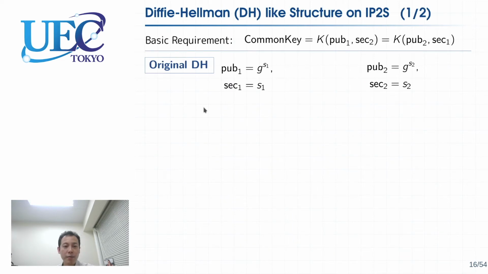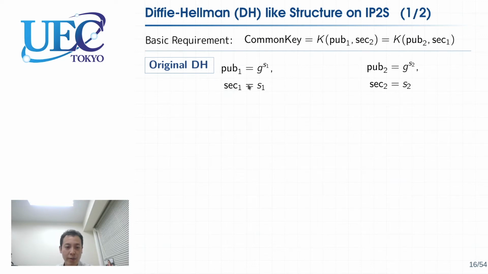Before we go to the Diffie-Hellman structure on IP2S, I want to review again the original Diffie-Hellman. Basically, in the original Diffie-Hellman, we construct a common key by crossing the public key of one party and the secret key of another party.